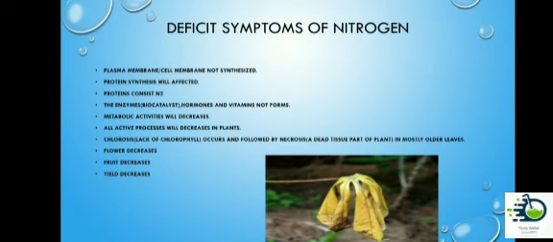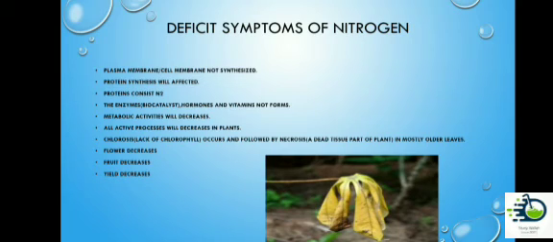Now deficiency symptoms of nitrogen. Plasma membrane or cell membrane is not synthesized, meaning not produced, and protein synthesis will be affected. Proteins consist of nitrogen, N2, and the enzymes act as biocatalysts, and hormones and vitamins are not formed, and metabolic activities will decrease.